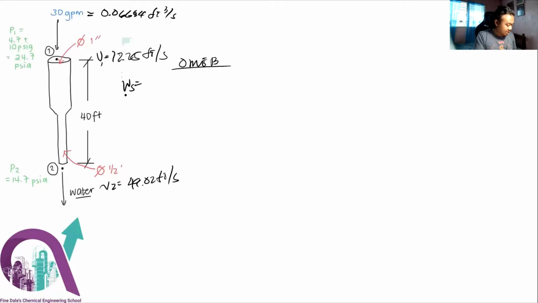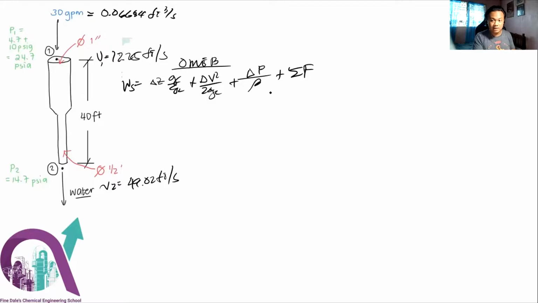So yeah, we have the shaft work, and then we have the change in potential energy, and then also in kinetic energy, in pressure, and also the friction.